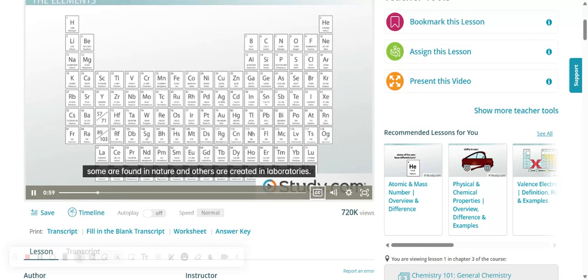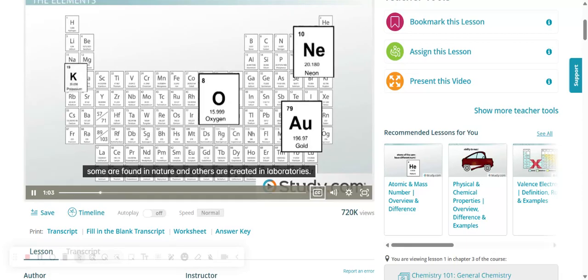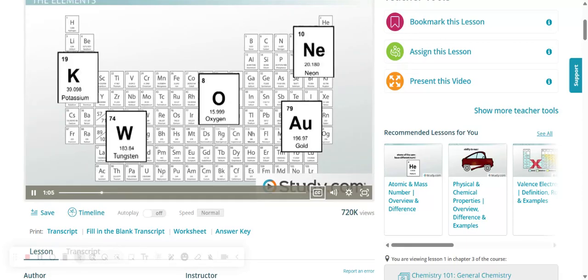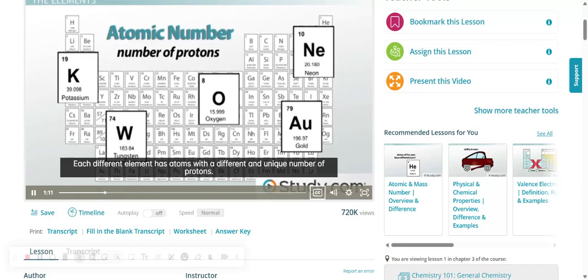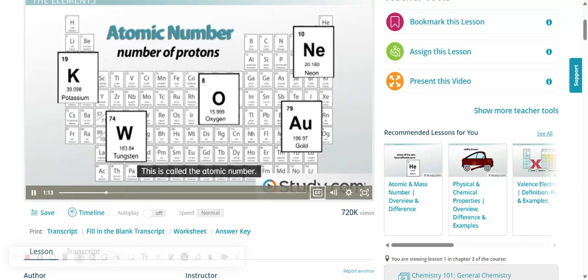Some examples of elements are gold, oxygen, neon, potassium, and tungsten. Each different element has atoms with a different and unique number of protons, called the atomic number.